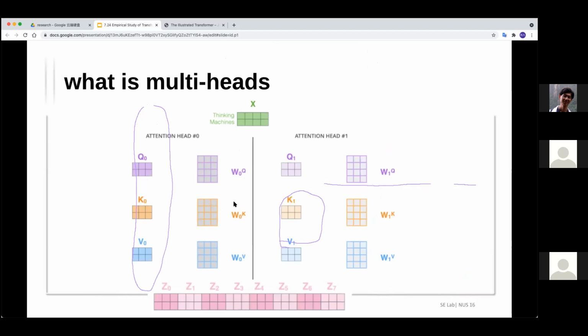Now we talk about what multi-head is. Multi-head attention is quite simple. You just have multiple trainable weight matrices to get multiple final new embeddings.